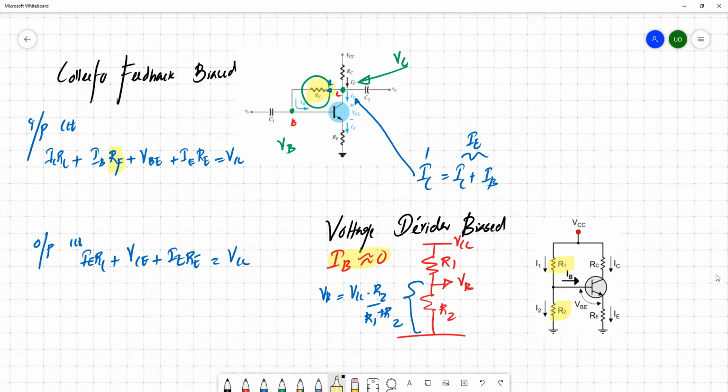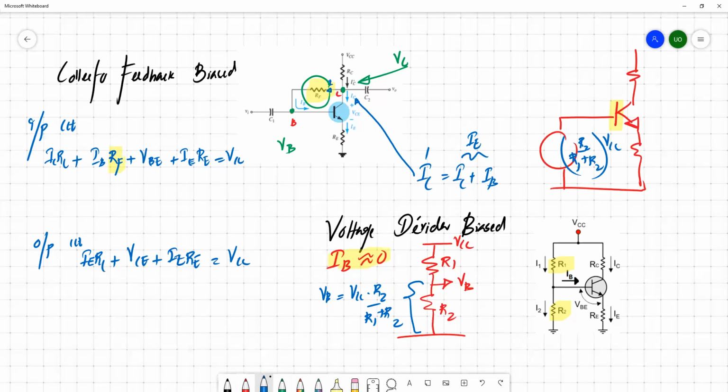So then the circuit would be something like that. Your input is something like that. Here you can place a source equal to R2 divided by R1 plus R2 times VCC.